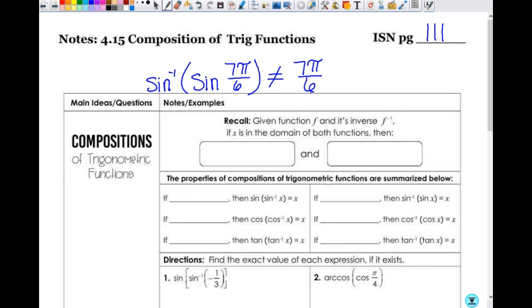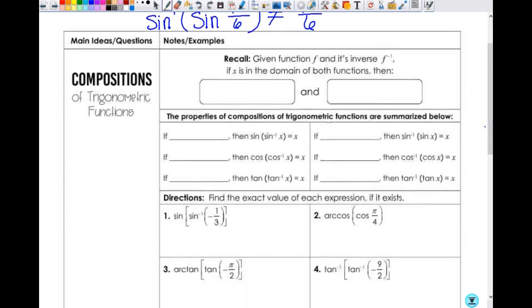All right, so remember, for sine inverse and tangent inverse, we are restricted to quadrants 1 and 4. Not only are we restricted, but we have to call them from negative pi halves to pi halves. Even though the angle 11 pi 6 lives down here, we would have to call it negative pi 6. Remember that?